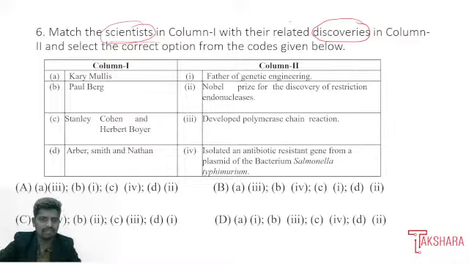And here: the father of genetic engineering, the Nobel Prize for the discovery of restriction endonuclease enzyme, the development of the PCR, polymerase chain reaction technique, and isolating an antibiotic resistance gene from the plasmid of a bacterium, for example Salmonella typhimurium. These are column number 2.